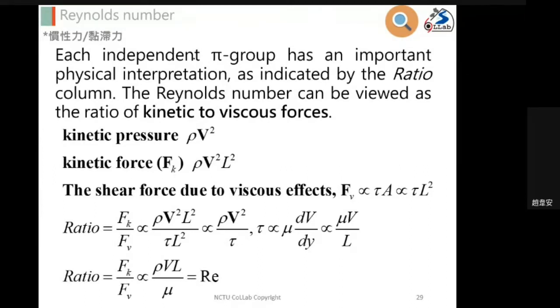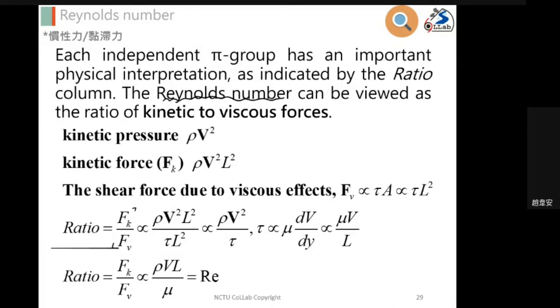Each independent pi group has an important physical interpretation, as indicated by the ratios column. So what are the meanings? The Reynolds number can be viewed as the ratio of kinetic to viscous force. We first define the ratio between the kinetic and the viscous force.